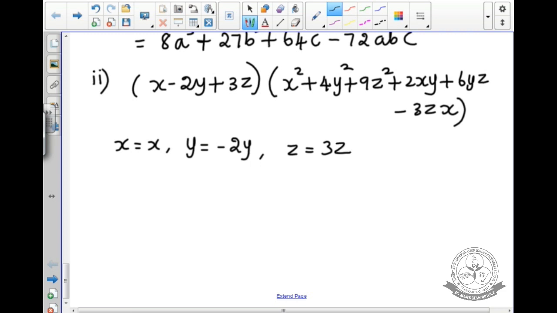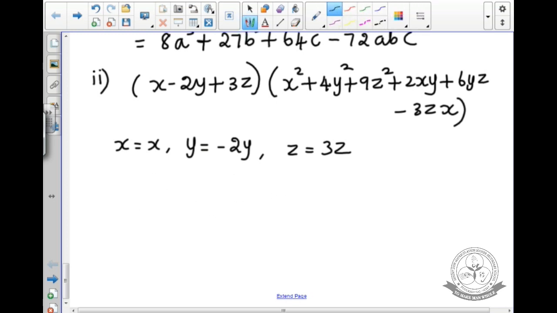So our question is equal to, here you can write the question. What do you get? The same formula, x cube. Here x is equal to x, so no need to change anything. x cube plus y cube plus z cube. If you want we can write the formula here.